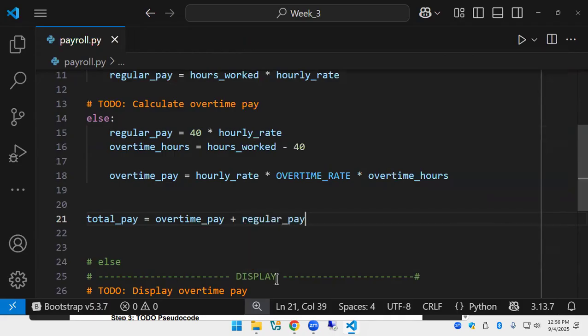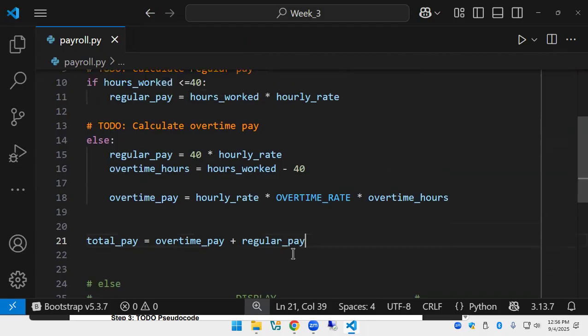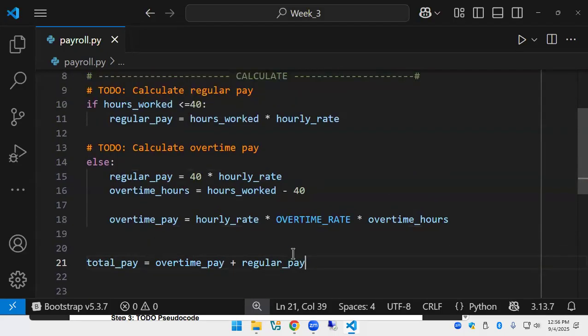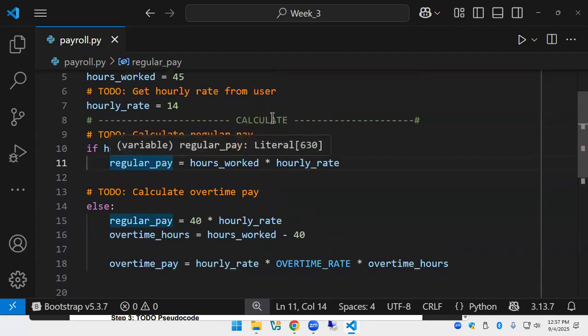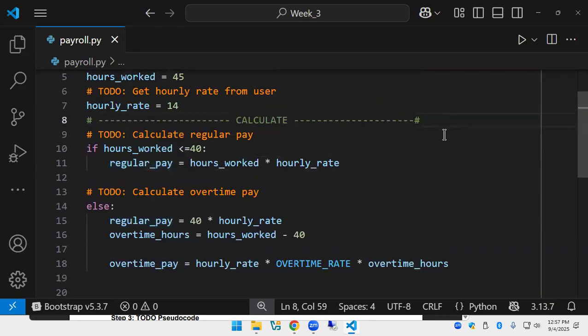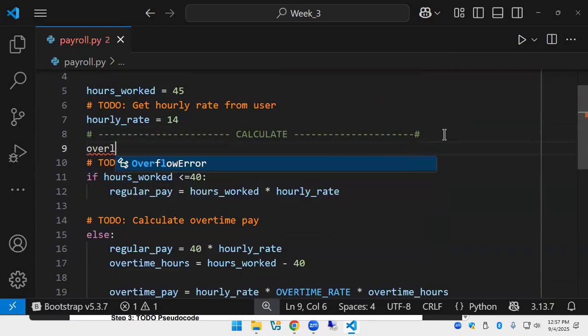Now, there is a problem with this. You can just equal it to 0. Overtime pay equals 0 when it's under the 40 hours. Well, you can do that, or you can just put it in the indent of the other. Regardless, we can't calculate with it if it doesn't have a value. And if we go here, it's not going to have a value. So it's common when you do that to just initialize the variable ahead of time.